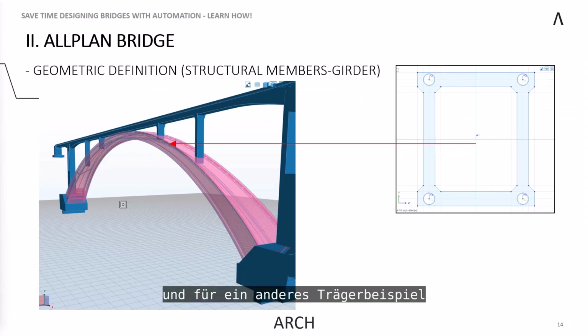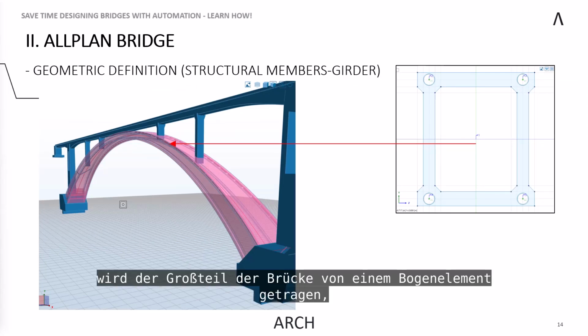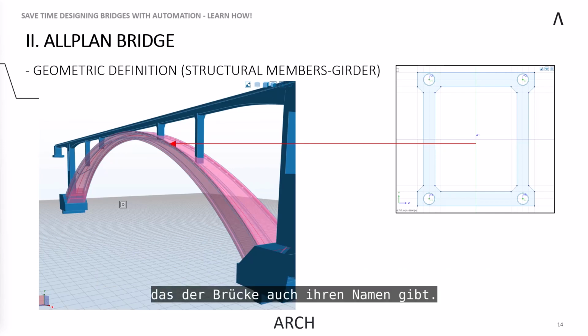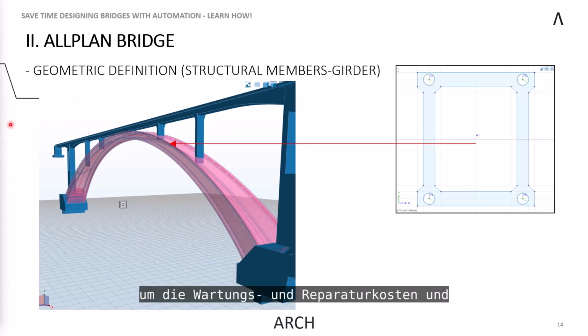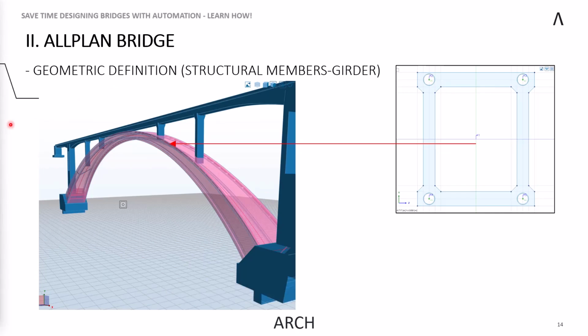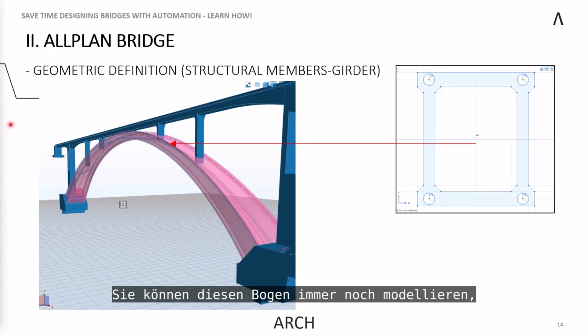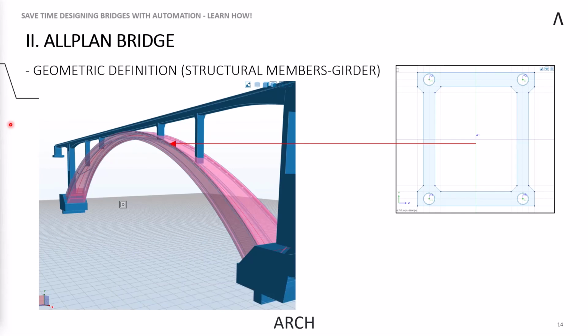And for another girder example, the majority of the bridge is carried on the arc element, which also gives the bridge its name. The main structure of the bridge is made of structural steel, and let me show you where it is. Here, and it is covered with concrete to reduce maintenance and repair costs and labor. You can model this arch steel by just defining one section.